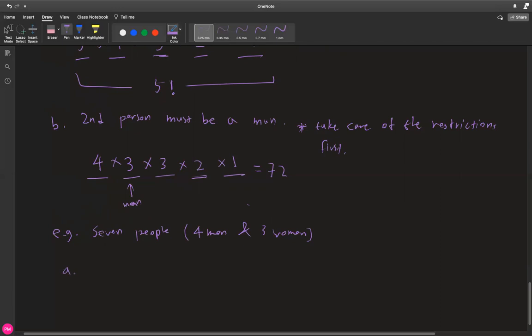And in this case, let's say no woman in the back 4 positions.